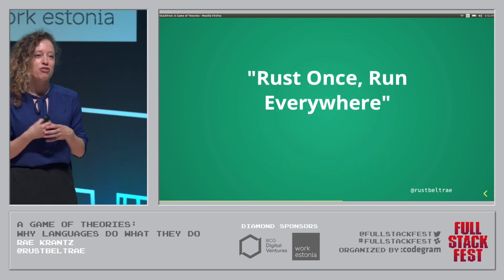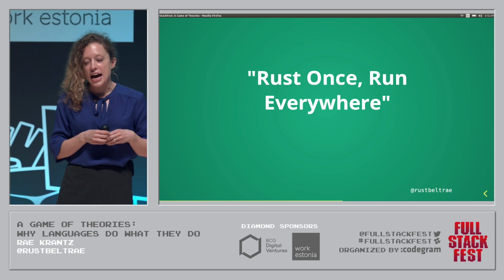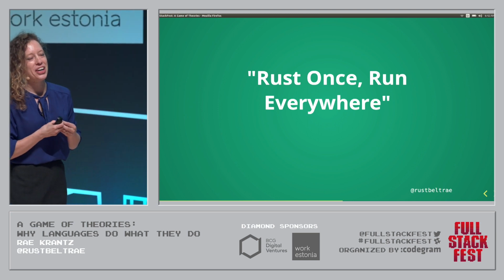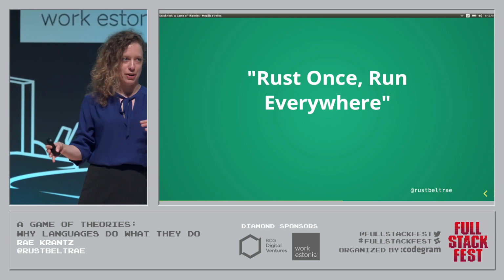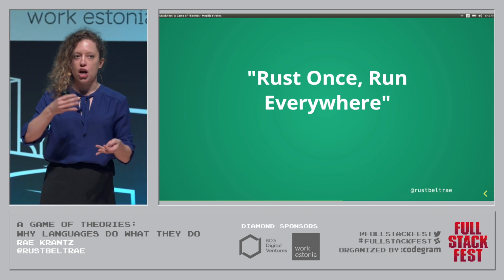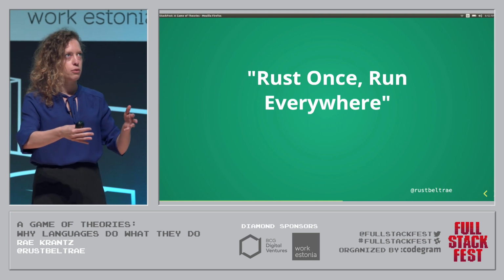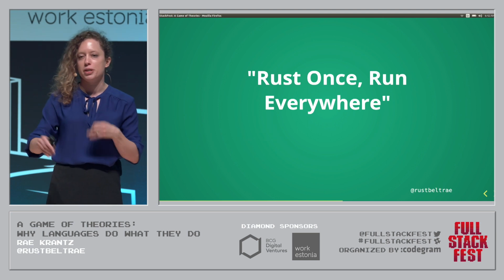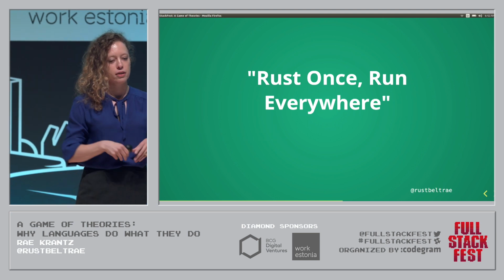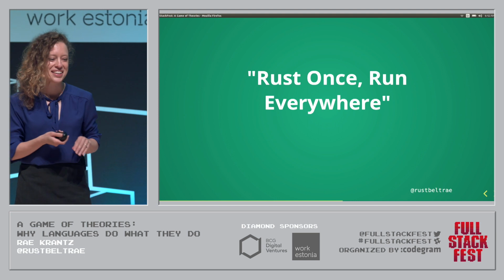So, as I mentioned, Rust wants to take over the world. One of their founding ethos from a few years ago was Rust once, run everywhere. This is a play on the Java saying, write once, run everywhere. Java and the Java virtual machine also wanted to be everywhere, and they nearly succeeded.